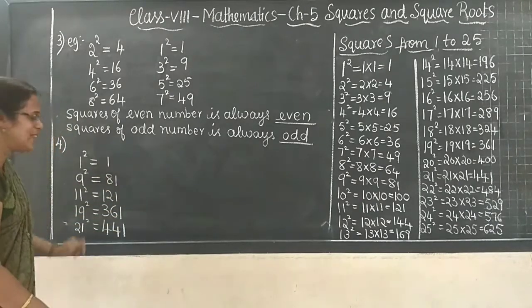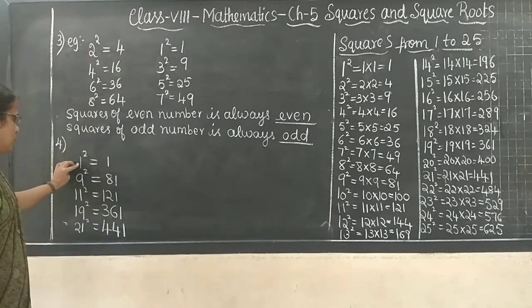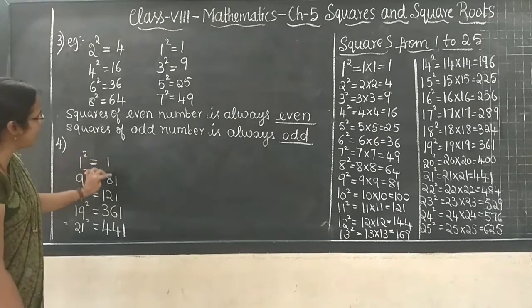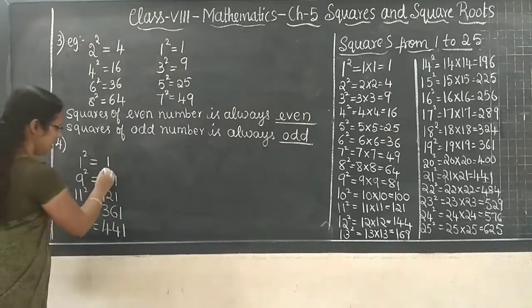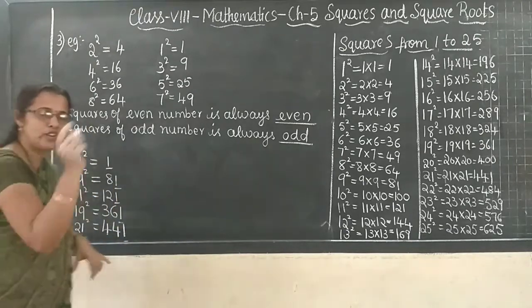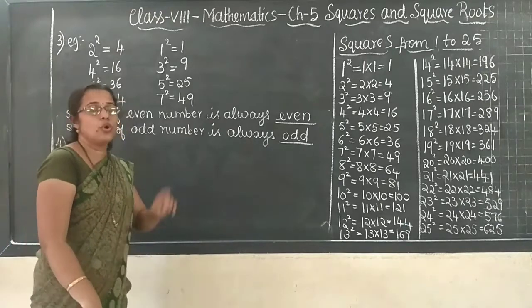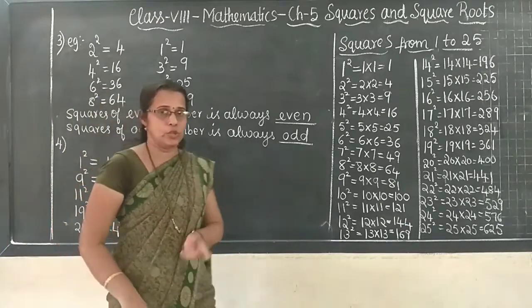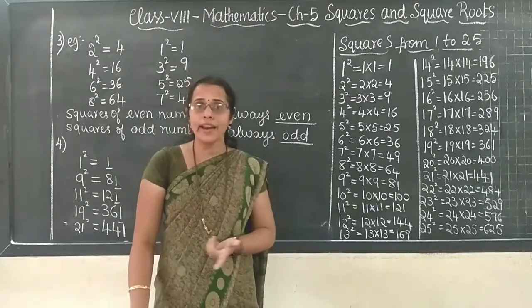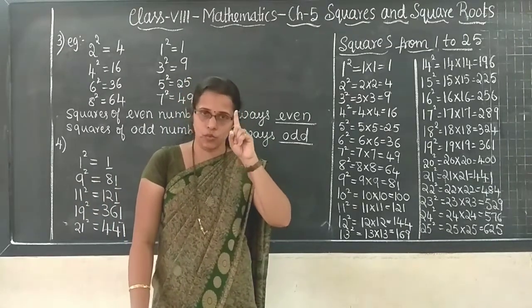Yes or no, children? So a number ends with 1 or 9, its square ends with only 1. Can you see 1, 1, 1, 1? Yes. So what can you observe from this, children? A number ends with 1 or 9, its square ends with only 1.